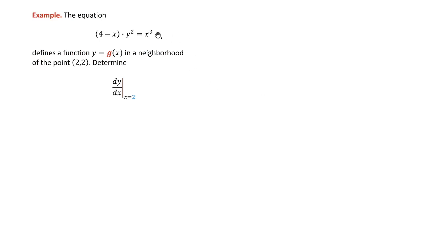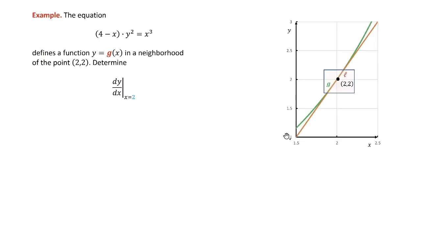We have a different equation, and again, you could probably solve this for y equals, yes, of course, to determine a function in the neighborhood here. And again, I want the slope of the tangent line when x equals 2, or the tangent line around this point. Okay, in terms of the picture, this is what we can see. Now, interesting, I generated this function g by using the fundamental theorem of calculus.